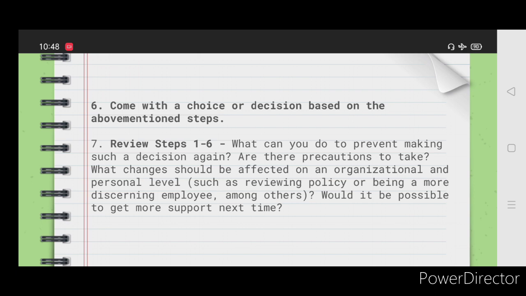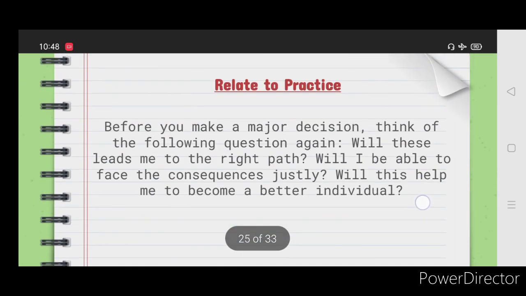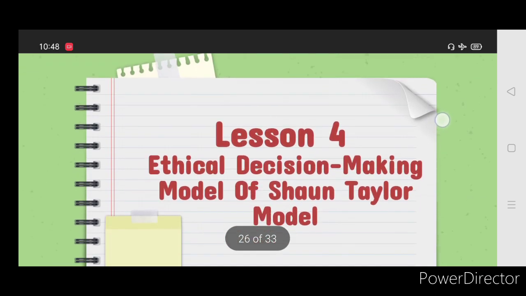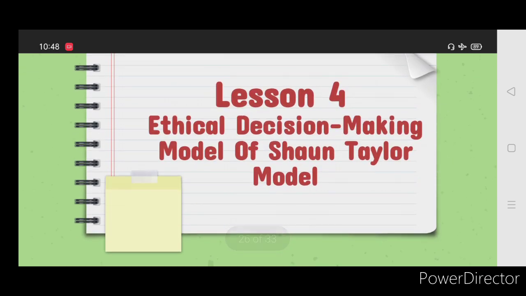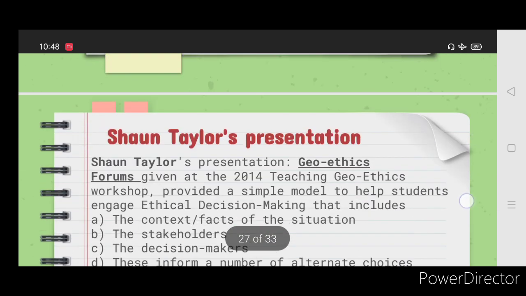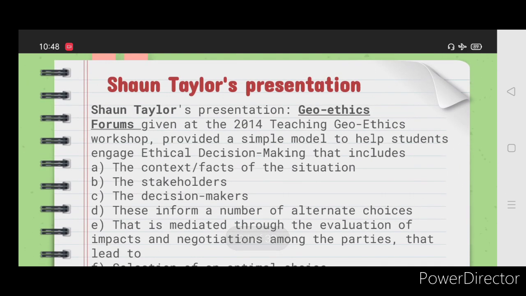Okay? So next, we have the ethical decision making model of Sean Taylor. Okay, so in here, Sean Taylor's presentation at the Geoethics Forum, given at the 2014 Teaching Geoethics Workshop, provided a simple model to help students engage in ethical decision making that includes the context or facts of the situation, the stakeholders, the decision makers.